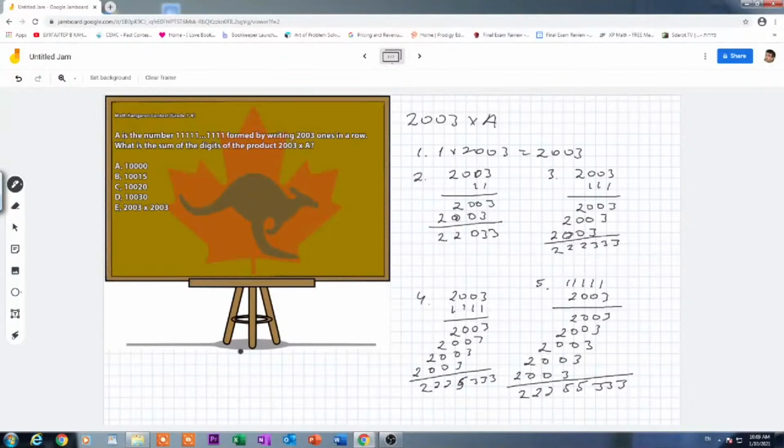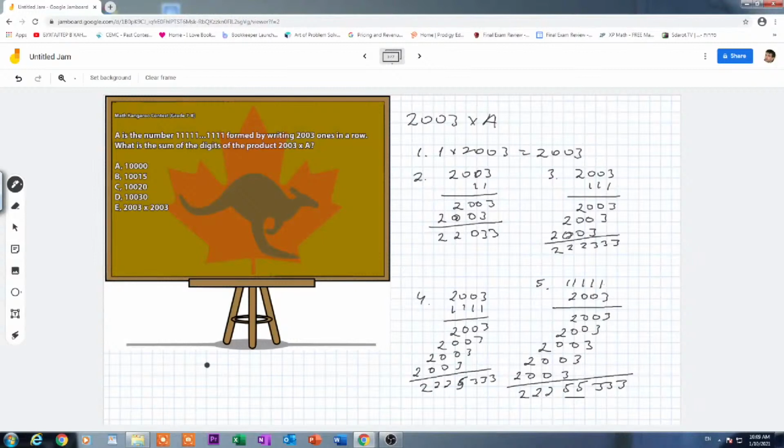Okay, so when we multiply by a 5-digit number, 11,111, we have 2 fives in the middle, right? So when we multiply by a 4-digit number, we had 1 five in the middle.